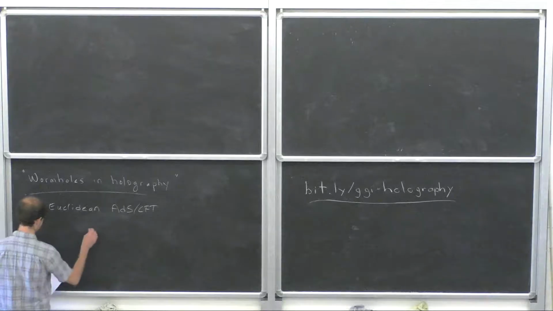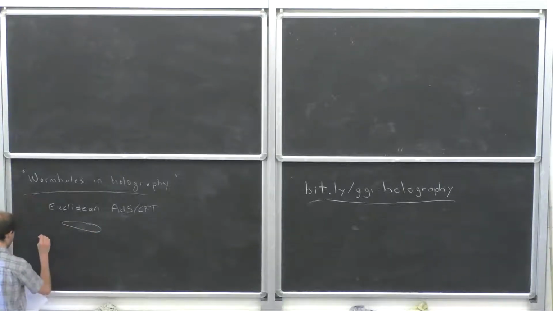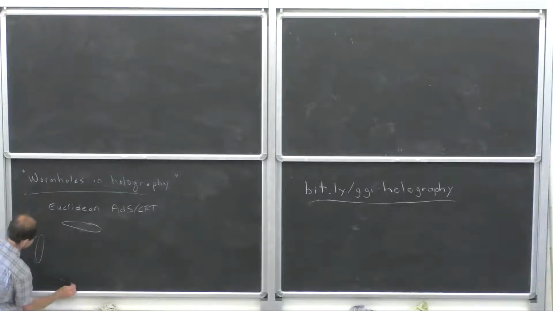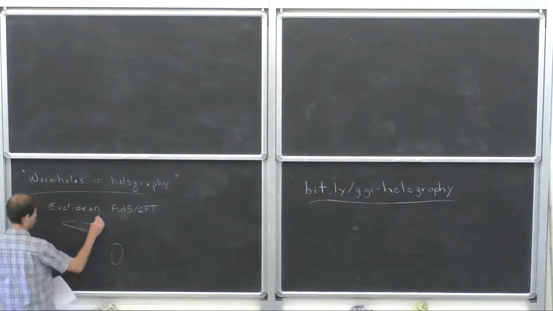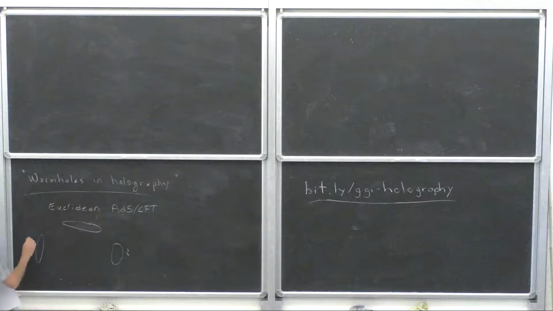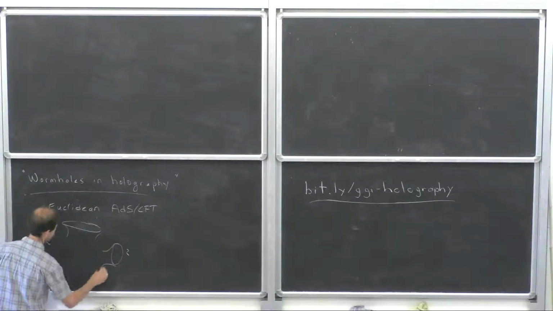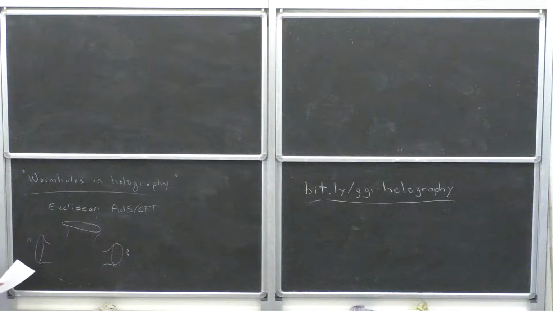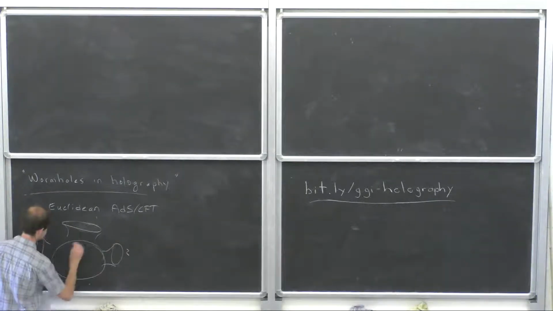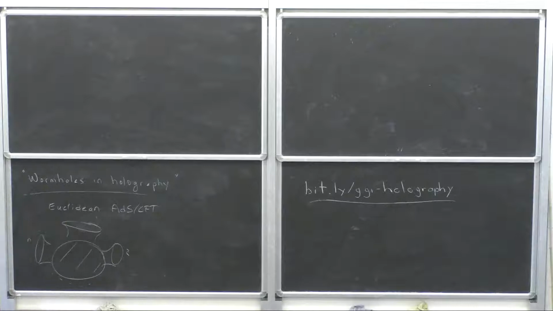Consider having a boundary with several disjoint components, 1, 2, up to n, and attaching some asymptotically hyperbolic regions to them, asymptotically Euclidean AdS. And then we sum over things that fill in those geometries.